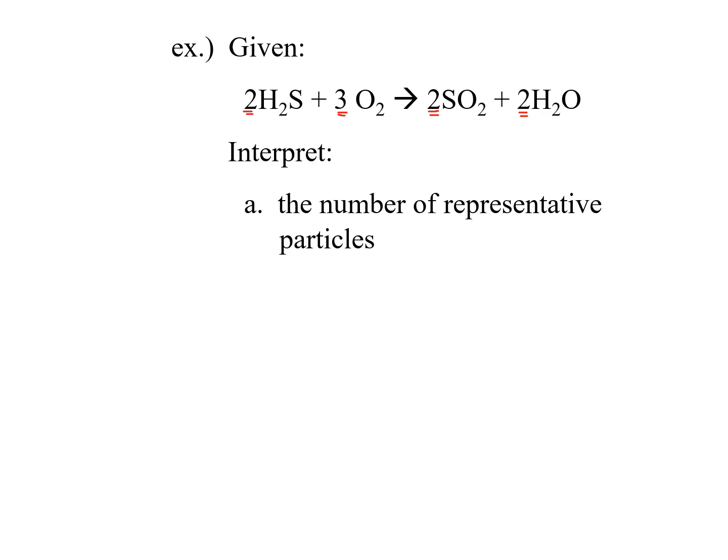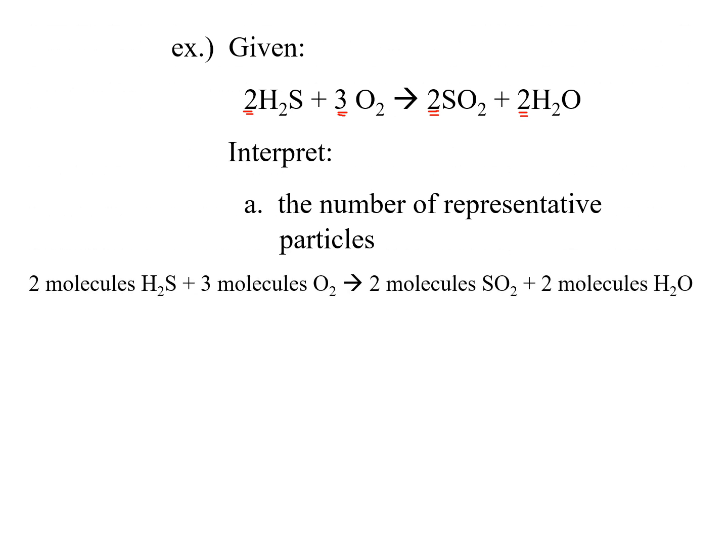H2O is in molecules. So if we were to interpret this in terms of molecules, those numbers out in front can stand for molecules. The 2 out in front of H2S could tell you that if you took 2 molecules of H2S plus 3 molecules of O2, you'll make 2 molecules of SO2 and 2 molecules of H2O.